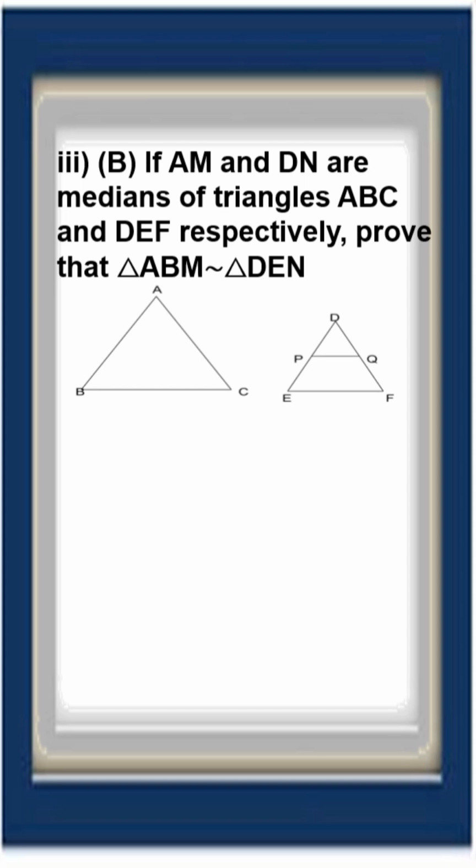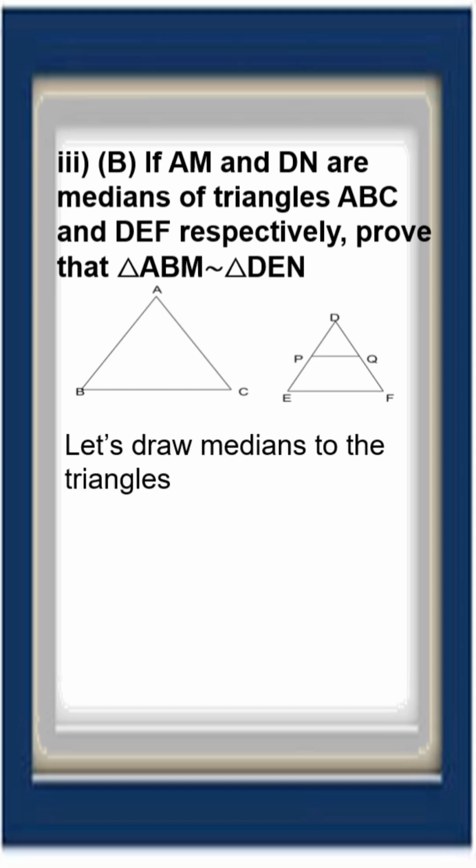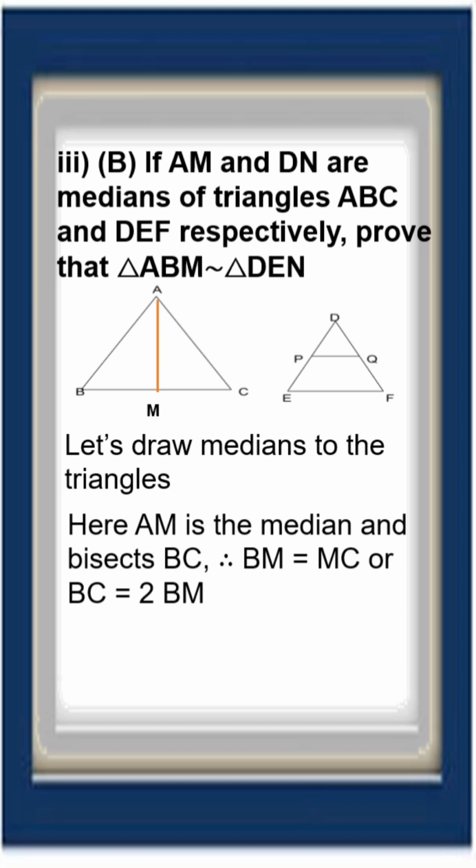Now let us draw medians to the triangles. Draw AM median to triangle ABC. Here AM is the median and bisects BC. That means BM is equal to MC. Or we can also say that BC is equal to 2BM.